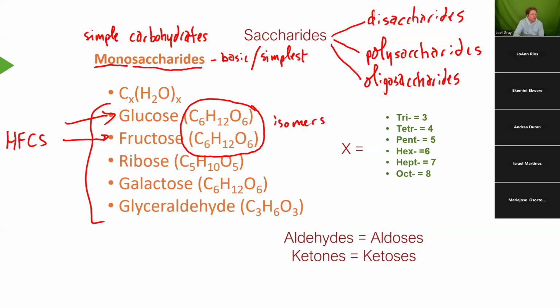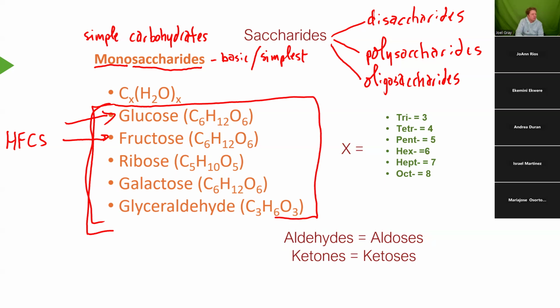Now, what I want you to notice about all of these different molecules that I've got the red barrier around is they all have a very similar formula. They are all carbons, hydrogens, and oxygens. Now, the numbers of carbons, hydrogens, and oxygens vary a little bit. If we've got six carbons, then we're going to have 12 hydrogens and six oxygens.